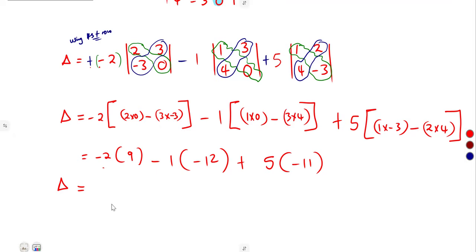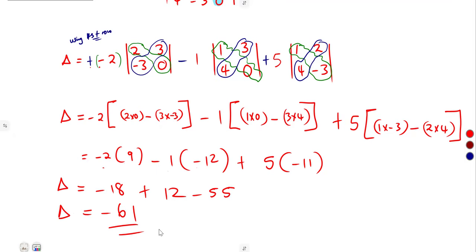All right. -18 plus, negative, that's positive, 5 times -11, negative 55. Then if we are to evaluate this from our calculator, that was going to be -61.